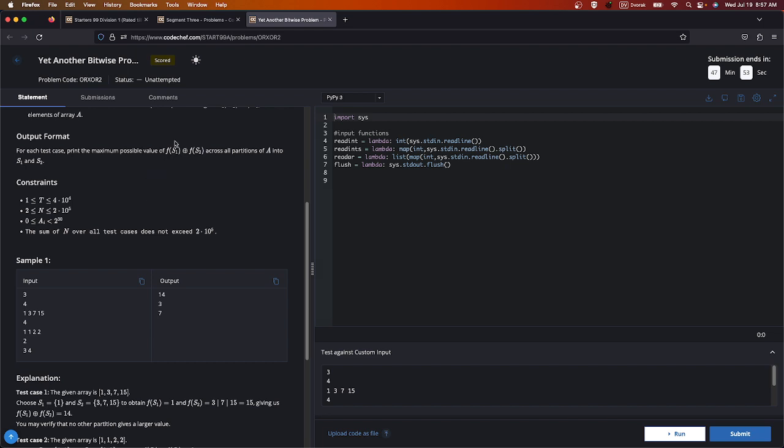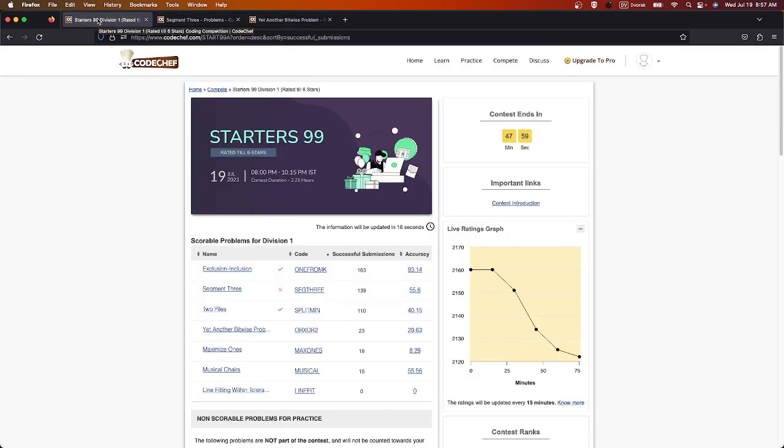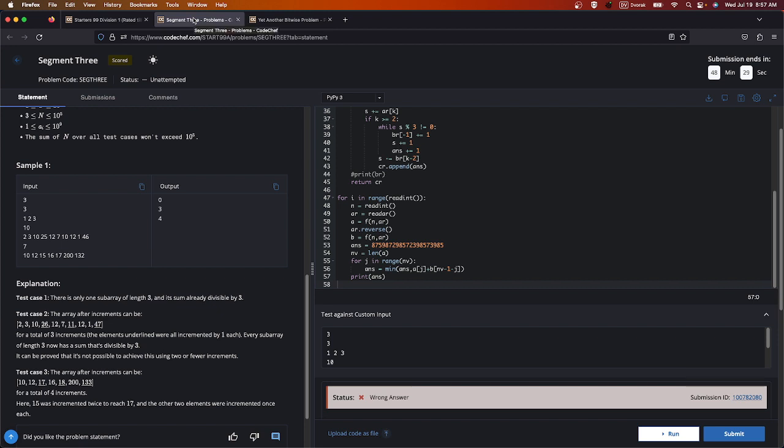Yeah, I have to make it. Okay, I have to decide very quickly now if I want to attempt bitwise OR or do I want to try and figure out what is going on with this problem.